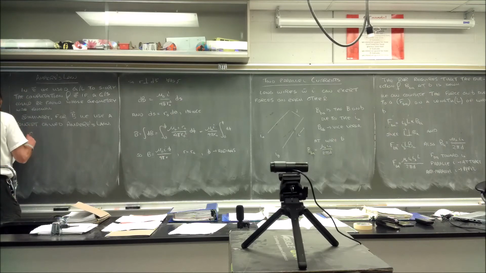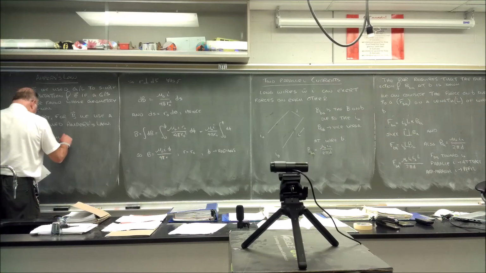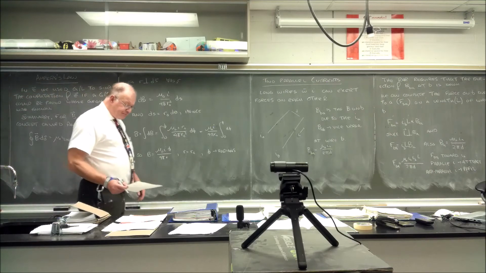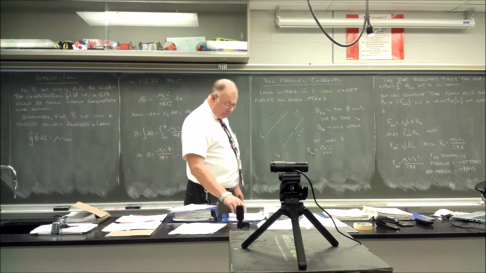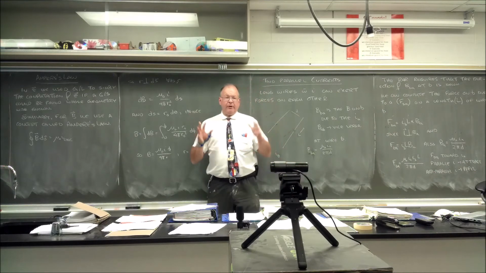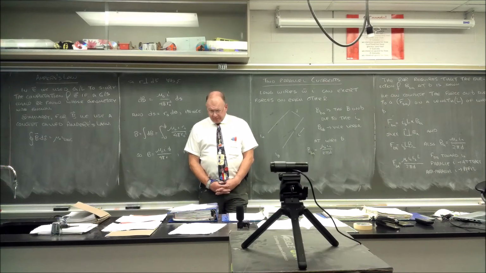The integral of B dot ds is equal to mu naught I enclosed. So what this means, and I'll write it down but just talk about it for a second, is you take a current, or however many currents you want to use, and you encircle them with a closed loop, an Amperian loop.